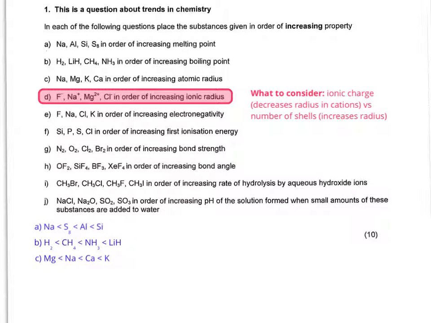But if you have negative ions, there's going to tend to be a repulsion between the shells, which will push them apart, because the shells themselves are made of negative electrons. So this then allows us to decide what's going on in D, which would be Mg2+, then Na+, then F-, then finally Cl-.